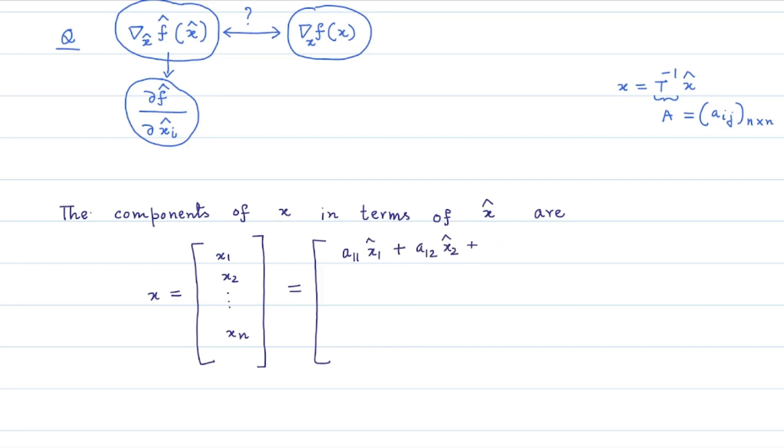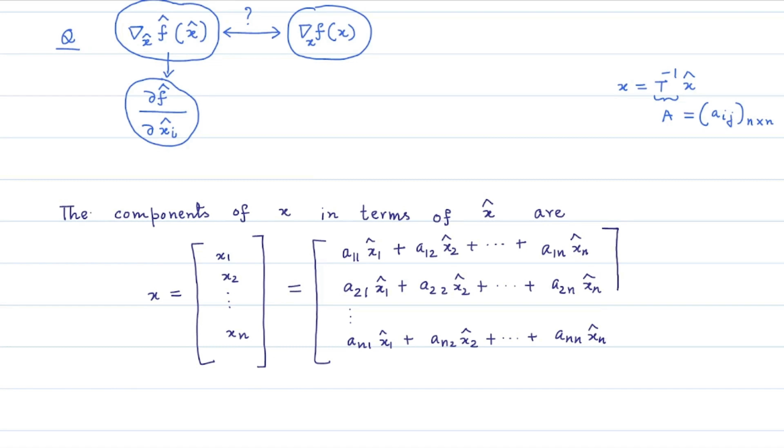So explicitly you will have the first row as this expression, the second row as this expression, and the nth row is given by this expression.